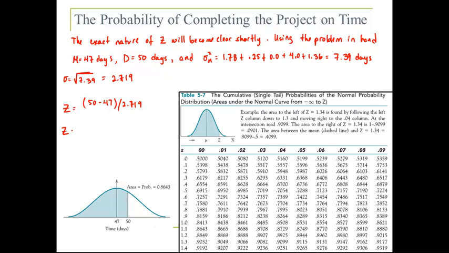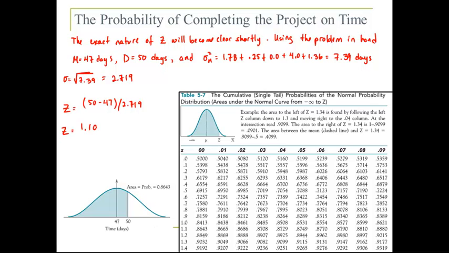So this Z value is going to be equal to 1.10. So now, using the Z value, we can get the probability of completing that path in 50 days. So for 1.10, we can go here in our table, right here.